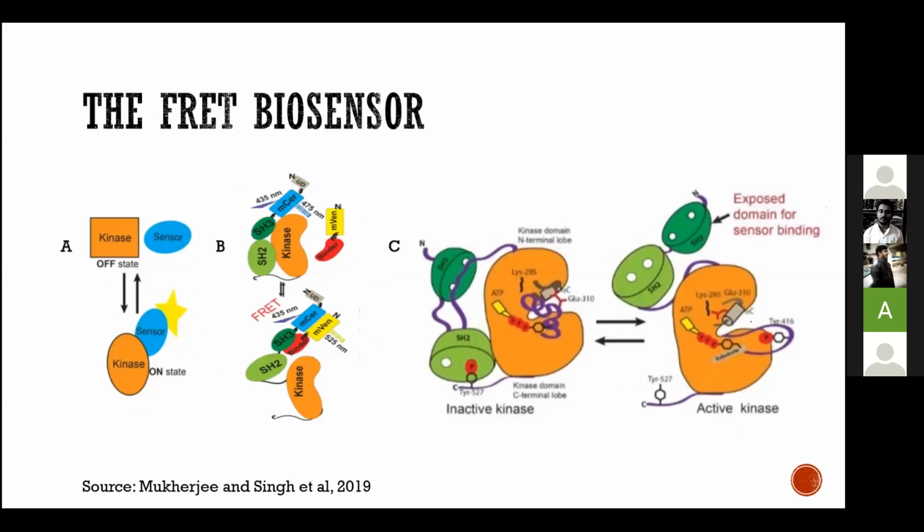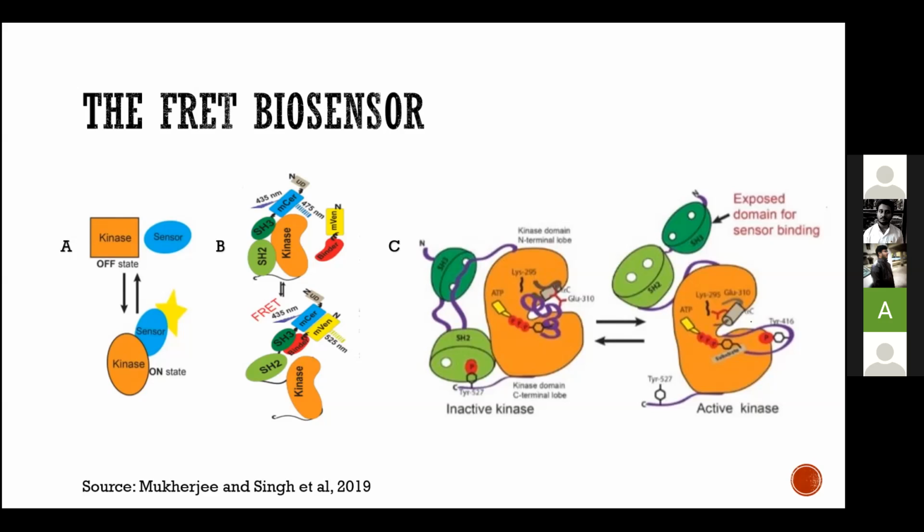This was the FRET biosensor made in the lab by Mukherjee and Singh. The previous model was an inspiration for this model. A shows a very crude picture of what this biosensor does. This kinase is in the off state. As I showed you, Fyn in the closed state is off.